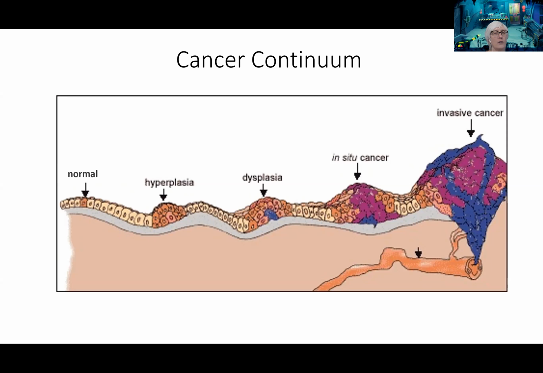So the first step along the continuum toward invasive cancer is a movement from a normal cell to a hyperplastic cell. And a hyperplastic cell is simply a cell that is overgrowing its normal boundaries. I say that because there are two things that normally are required for a normal cell to divide.